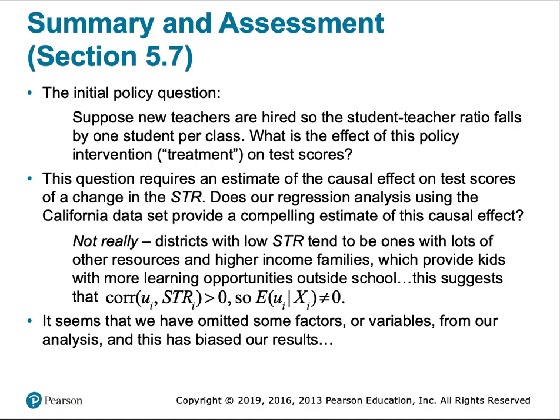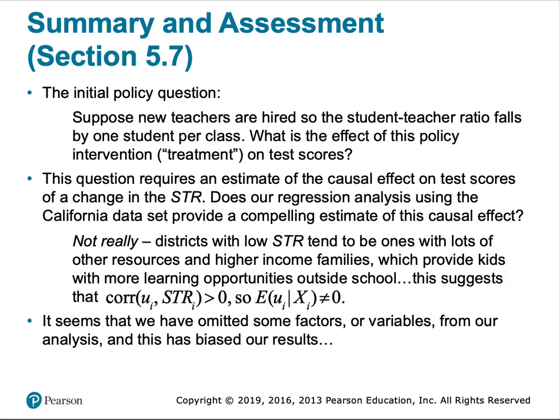And the answer is not really. We have been discussing all along that districts with a low student-to-teacher ratio tend to have lots of resources and higher income families, which provide kids more learning opportunities outside school, and so the kids are likely to have higher test scores due to these confounding factors. Confounding factors are factors that affect both the independent variable and the dependent variable.